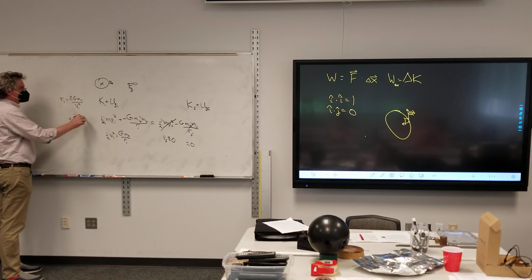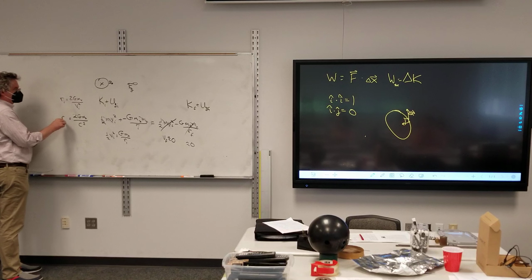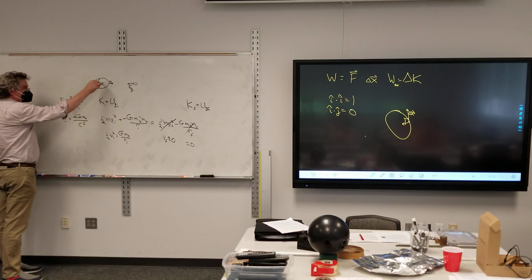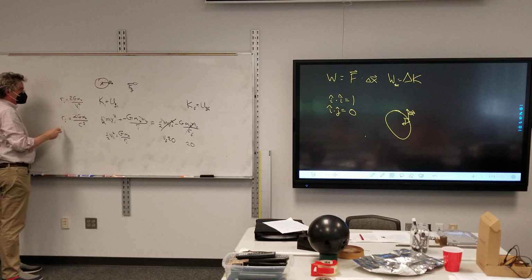So if we just stuck in the speed of light for that speed, if that's the maximum speed, this would be the radius, well, the distance from the center of this to where it is. This would be the Schwarzschild radius.